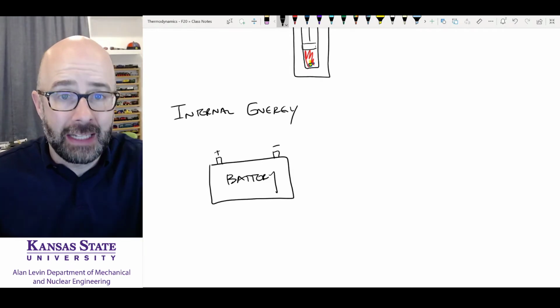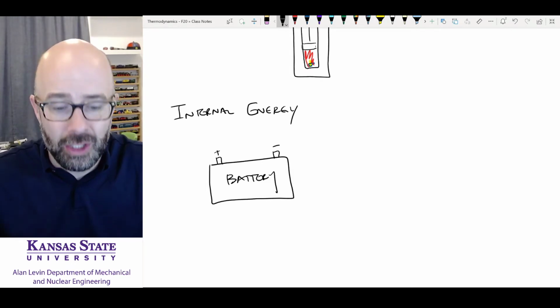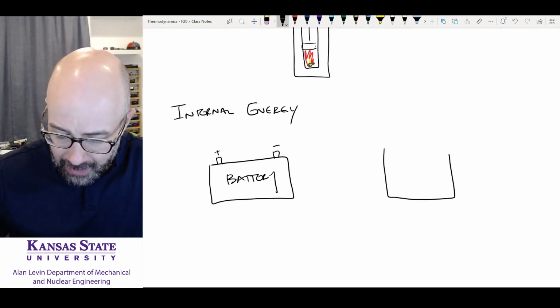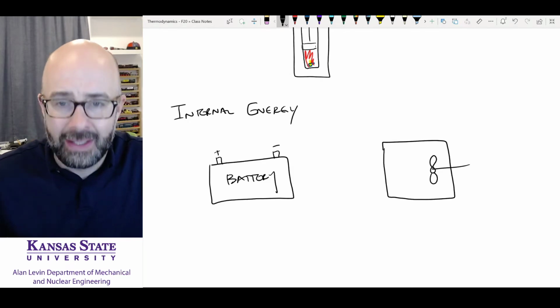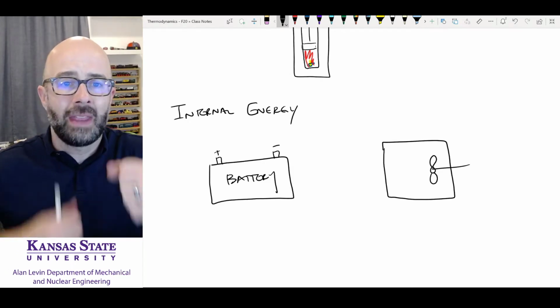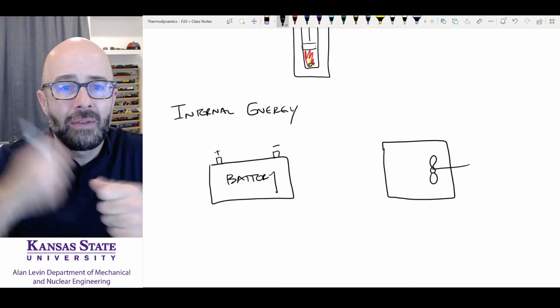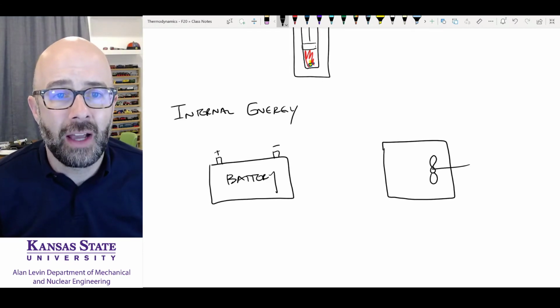I didn't change its kinetic energy or its potential energy, but I changed its internal energy. I've given this example already this semester of a mixer or a paddle wheel inside a closed system. When that paddle wheel beats that air or that liquid or whatever it is inside of there, it increases the internal energy of the system.